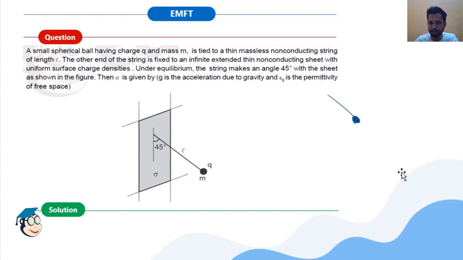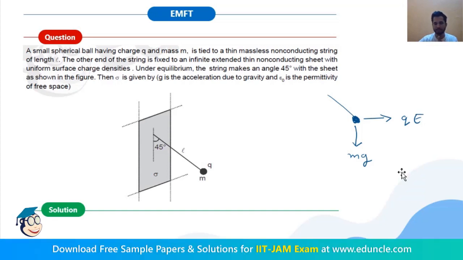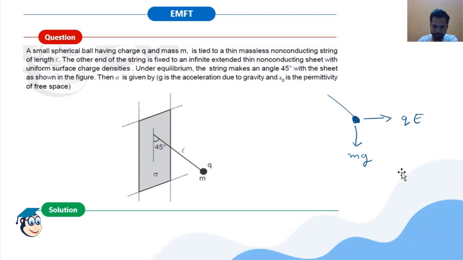This is the mass, and it will experience a weight in the downward direction, and it will experience a force in this direction, which is equal to qE. The charge is q and the electric field would be away from the infinite sheet, so it will experience an electrostatic force in the direction away from the sheet, and there would be some tension along this string.